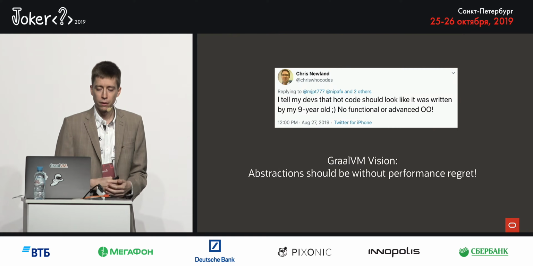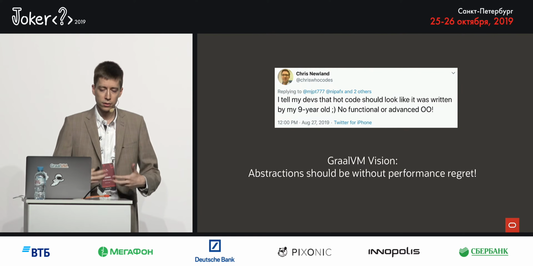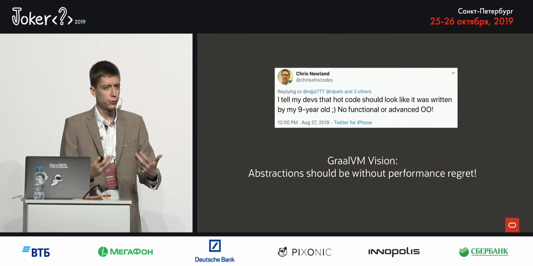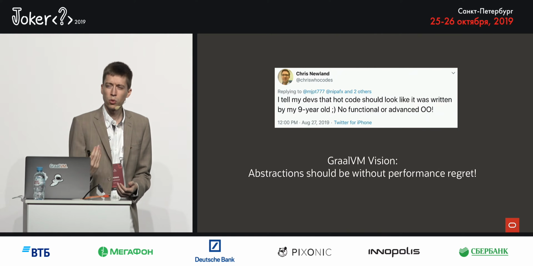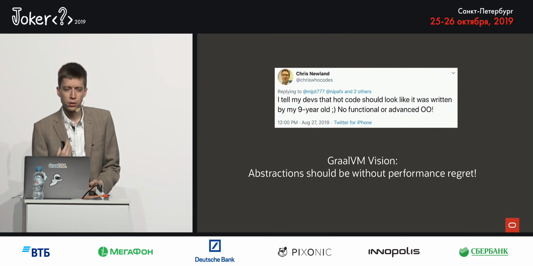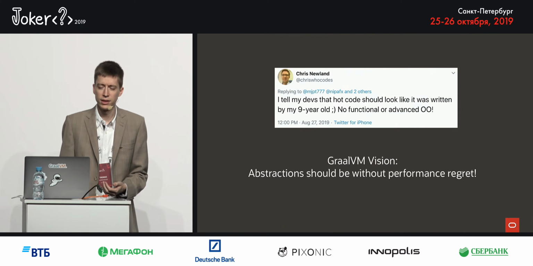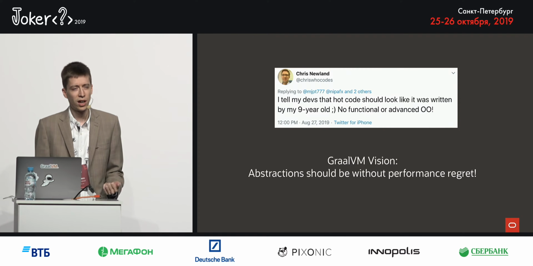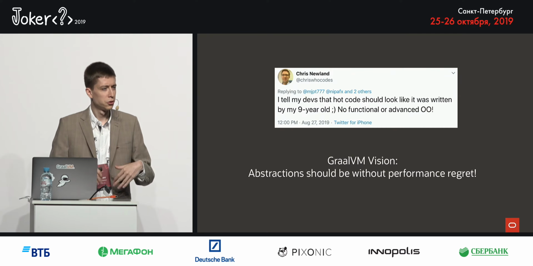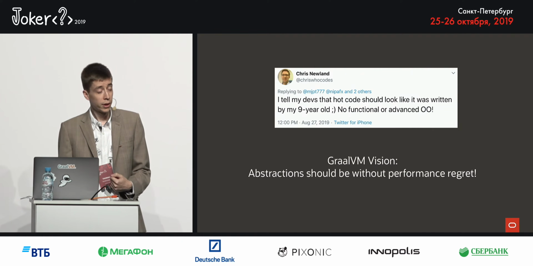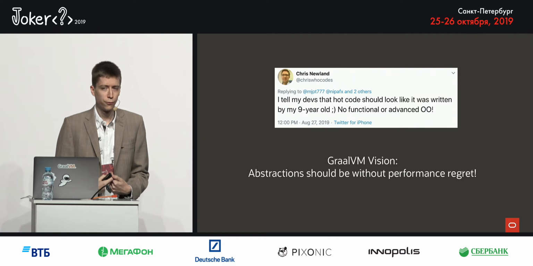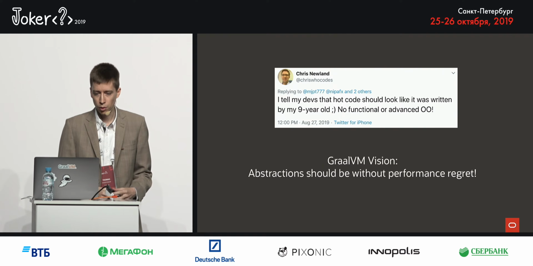But this is not just about now, we also want to be even better in the future on these high-level code abstractions. Because you, as a programmer, should not worry about how this is in the end translated to the hardware. This should be transparent to you. You should focus on the logic of your program and use these nice abstractions, which often makes you faster and more productive as a programmer.